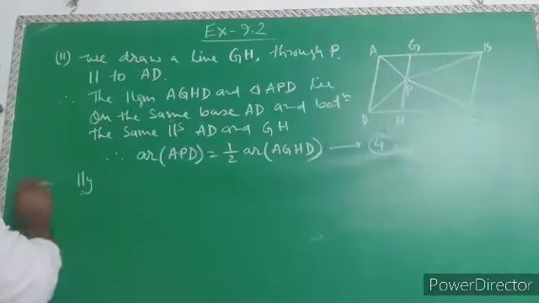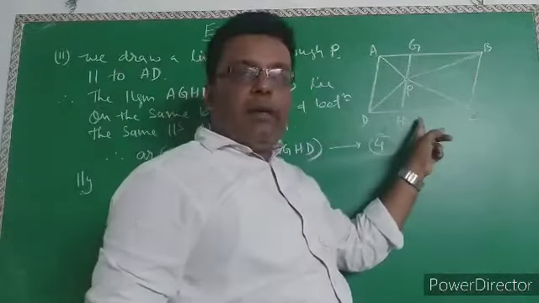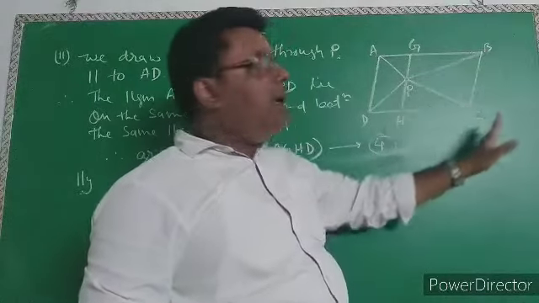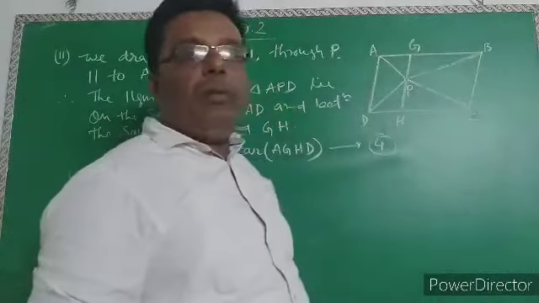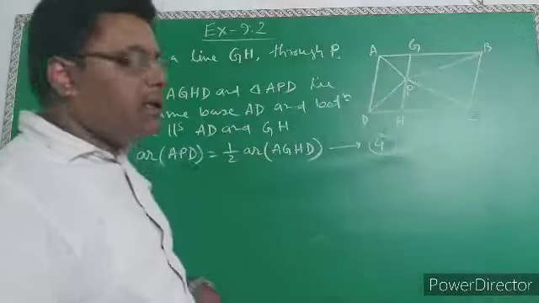Similarly, here also GBCH is a parallelogram and triangle PBC is a triangle, which have the same common base BC and lie between the same parallels BC and GH.